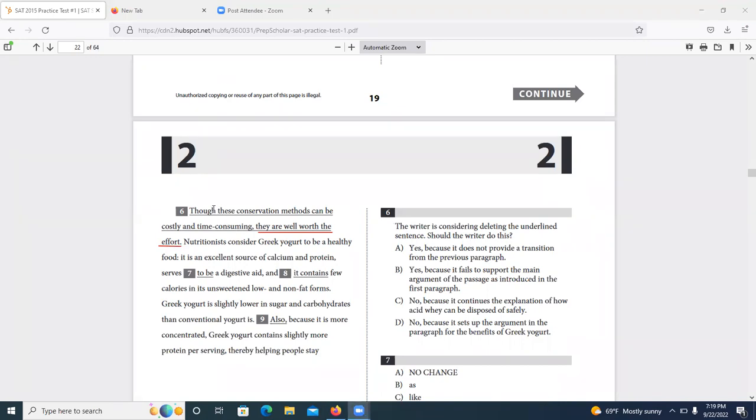And then the other question we want to ask with our transition sentence is, does it transition from the last paragraph? Though these conservation methods can be costly and time consuming.